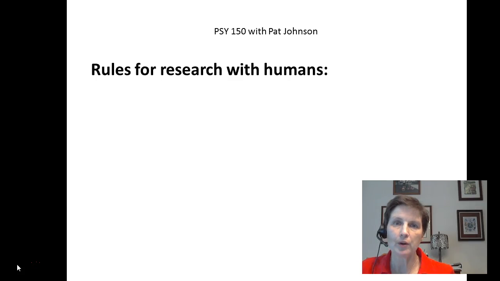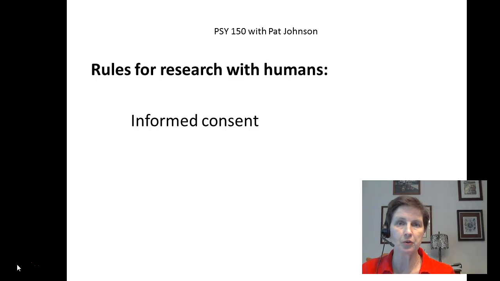Basically, the number one rule for doing research with humans is informed consent. Informed consent means that you tell that research subject before they agree to be part of the research what's going to happen to them.